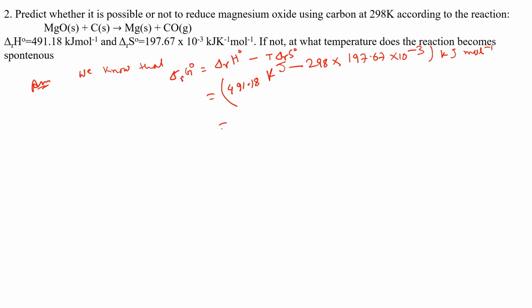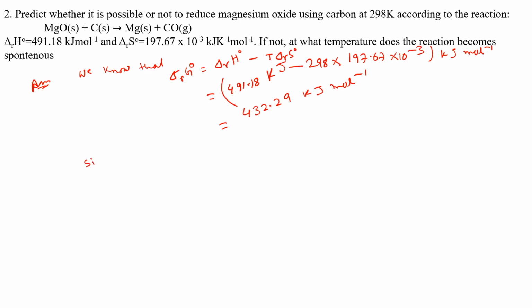So, if we calculate this, we get 432.29 kilojoule per mole. So, we see that delta G naught is positive here.